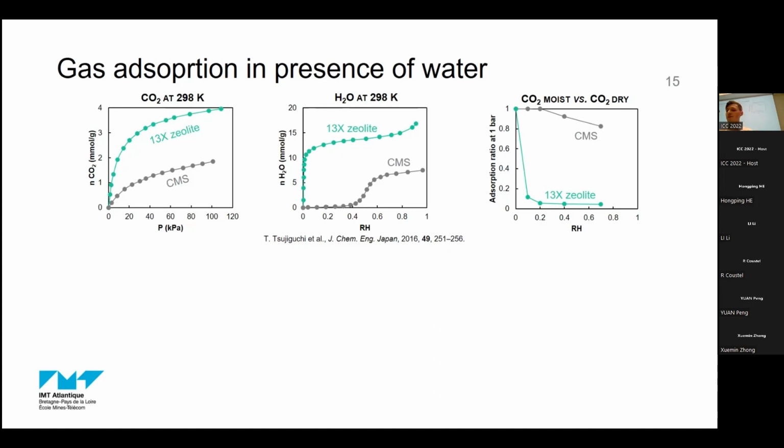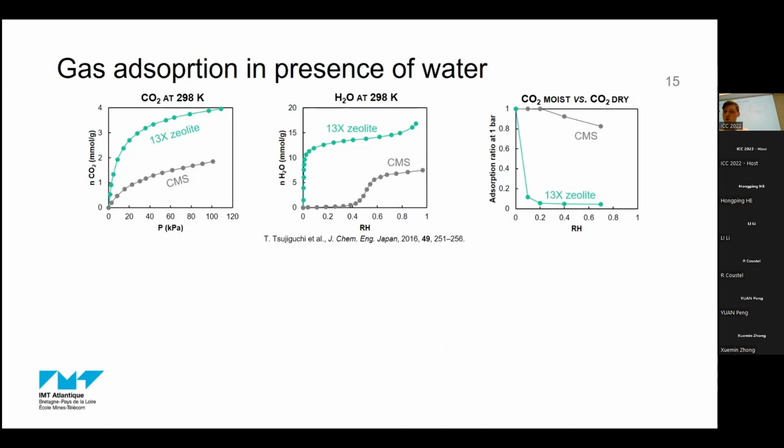But for CMS, we need to reach very high relative humidity to start seeing the depression of adsorption capacity. So from this, we can learn that not the relative humidity is the main factor, but the amount of water contained in the sample.